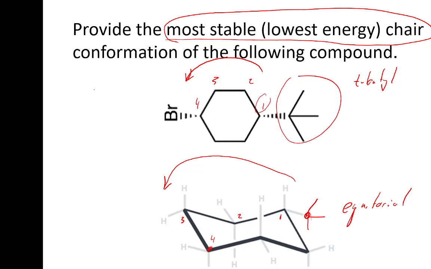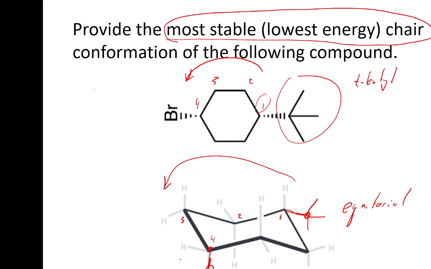So I've established that tert-butyl is right here. Where does the bromo group go? It goes on carbon 4, but where should I be drawing it? Is the bromo group going to be equatorial or axial? It'll be axial, because it's below the plane, right?